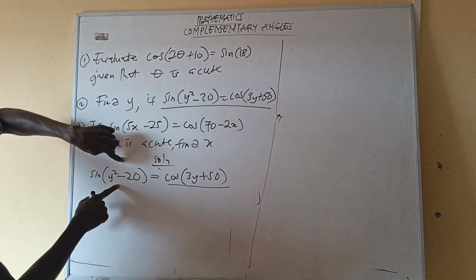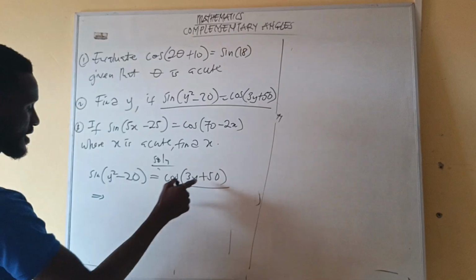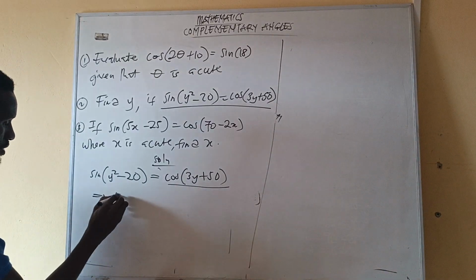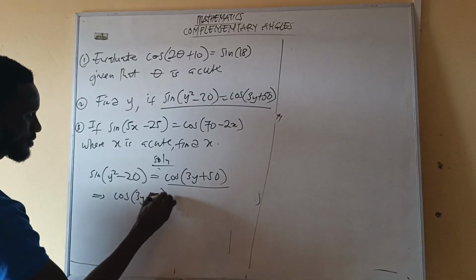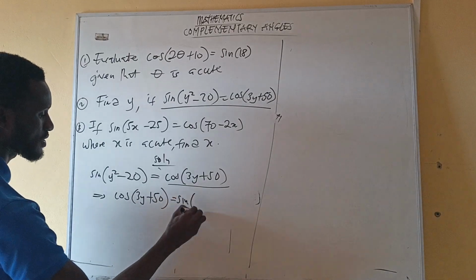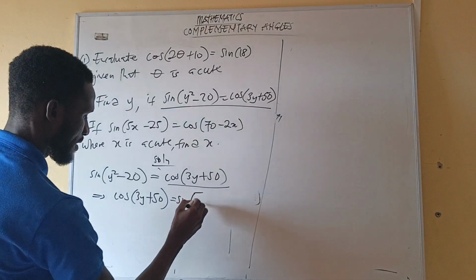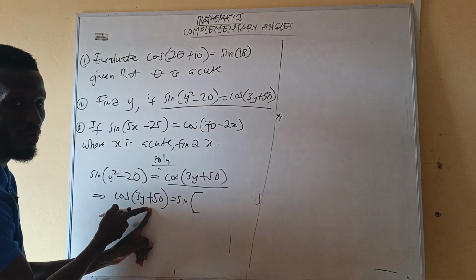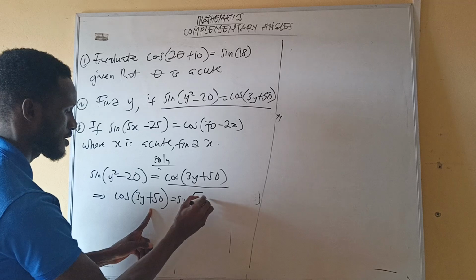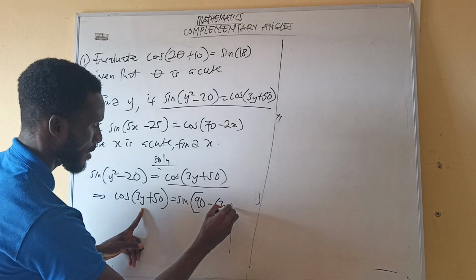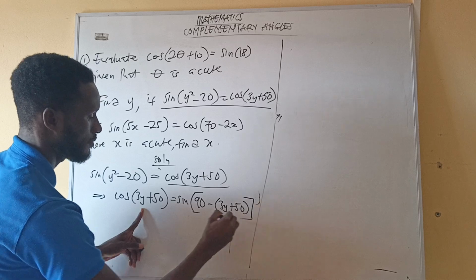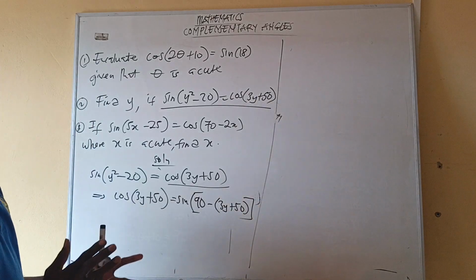You can either change this one or this one, but I prefer changing this one. Now I want to change the cosine of 3y plus 50 to sine. Then it means that I need to subtract this angle from 90. So I'm going to have 90 minus the whole of this angle. This angle is 3y plus 50. I hope you understand.